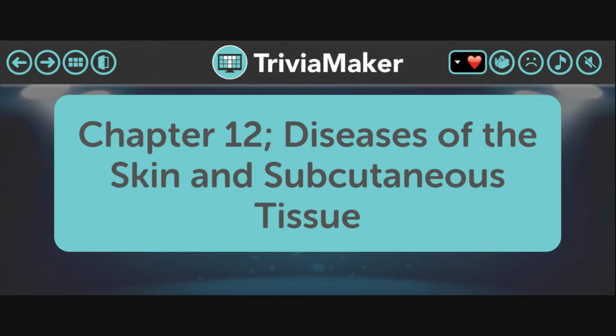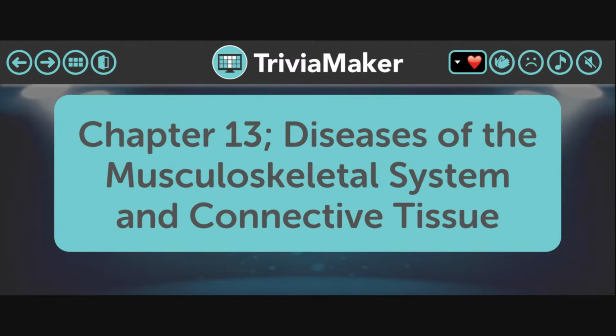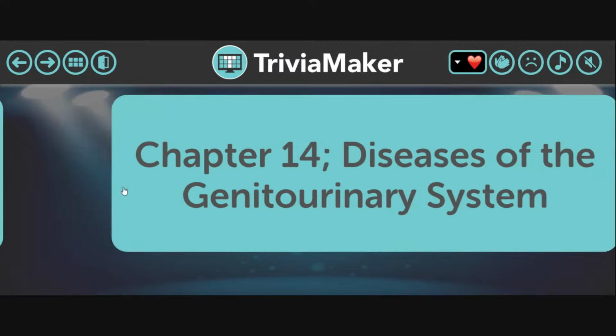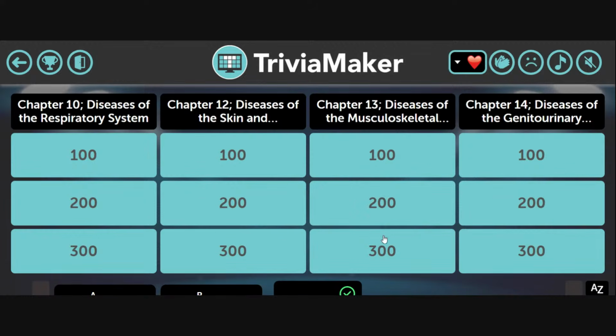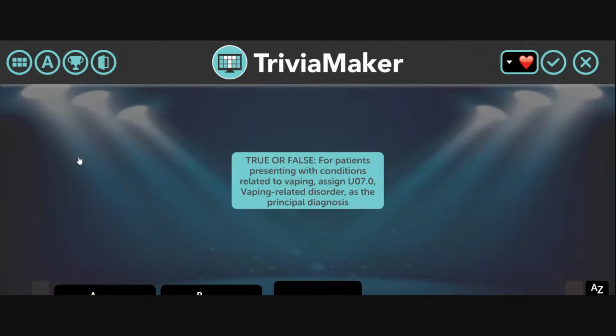So we're just going to go with chapter 12, diseases of the skin and subcutaneous tissue; chapter 13, diseases of the musculoskeletal system and connective tissue; and chapter 14, diseases of the genitourinary system. Okay, so without further ado, let's start with a 100 just to get us eased into it from chapter 10. And again, these are all going to be taken directly from the MCG manual.